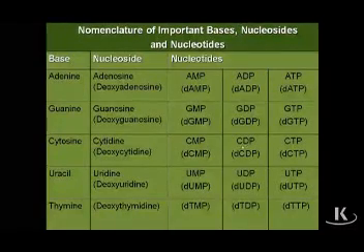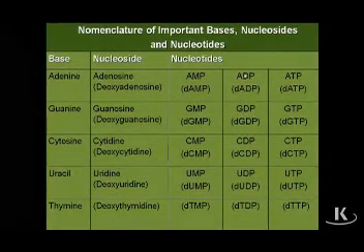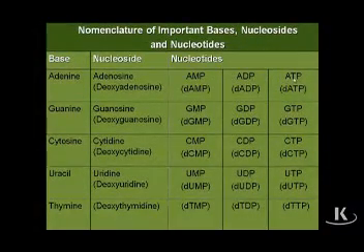And then finally, as you start to attach 1, 2, or 3 phosphates to each of these nitrogen bases, we go from being a monophosphate, MP, to a diphosphate, DP, to a triphosphate, TP. And this pattern is used universally among all of the nitrogen bases, the A's, the G's, the C's, and the T's.